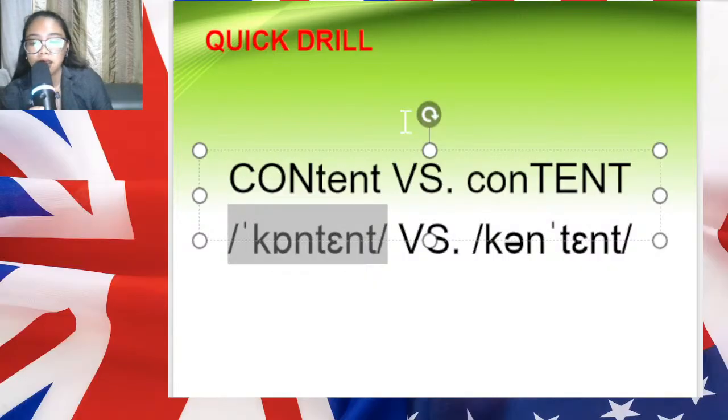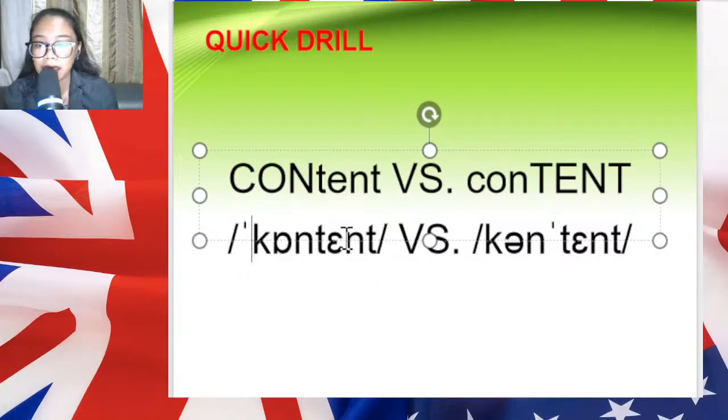As you've noticed on the IPA transcription, there's this apostrophe. It's not called an apostrophe, I forgot the name of the symbol, but it looks like an apostrophe, and it's placed before the word, right? As I've mentioned yesterday, IPA transcription puts this symbol as a sign for stress.